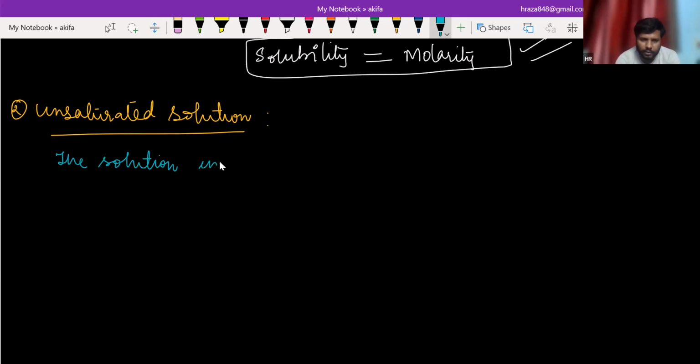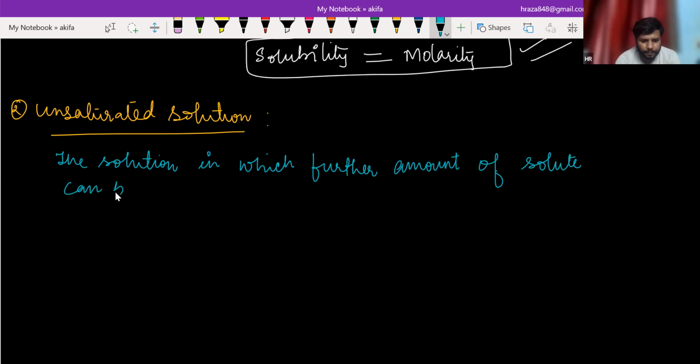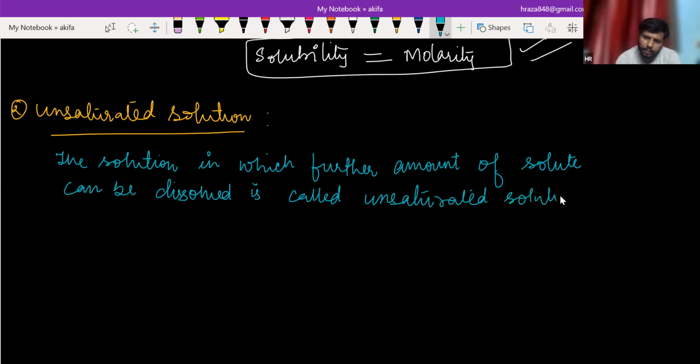The solution in which a further amount of solute can be dissolved is called unsaturated solution.